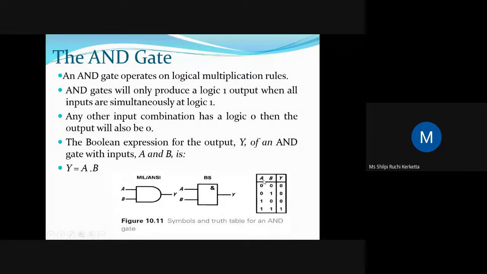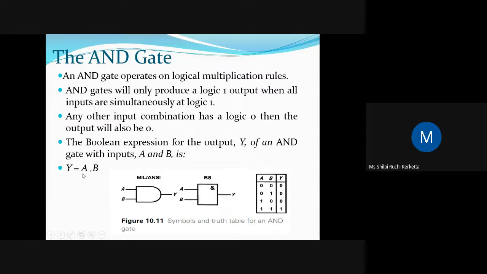So our inputs are A and B. When we were studying data representation, we saw how many types of combinations we can make through two inputs. It is 0 0, 0 1, 1 0 and 1 1. So inputs A and B are there. What is output Y?